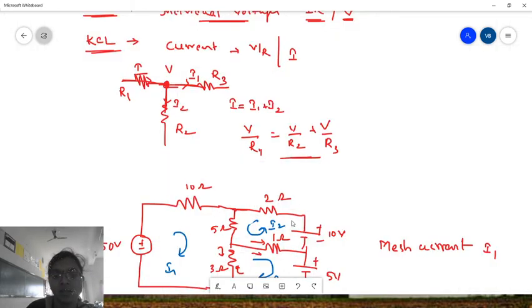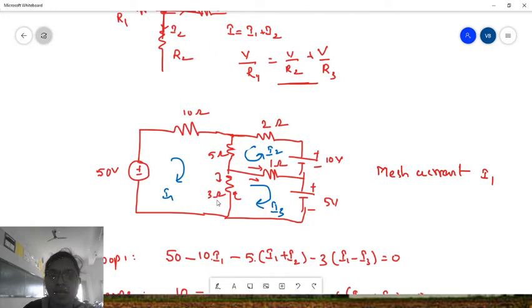Okay, so like this you need to follow the loop equations. Whenever you are going to write the loop equations, just remember this: all passive elements we are going to write as negative. Only for the sources should we consider the sign. If the current is entering at the negative terminal of the source, you should take it as positive. If the current is entering at the positive terminal of the source, you can observe that in the loop 3 equation.